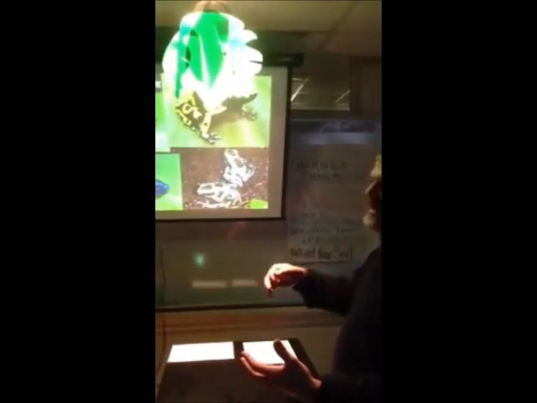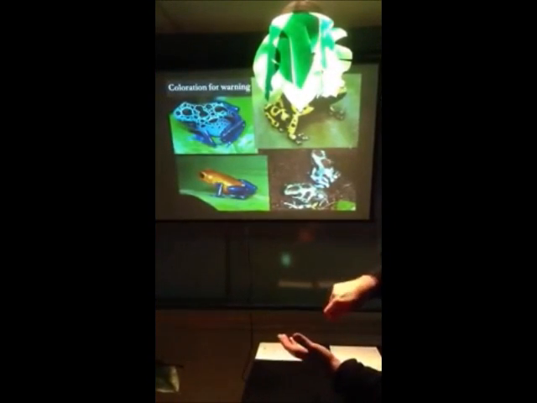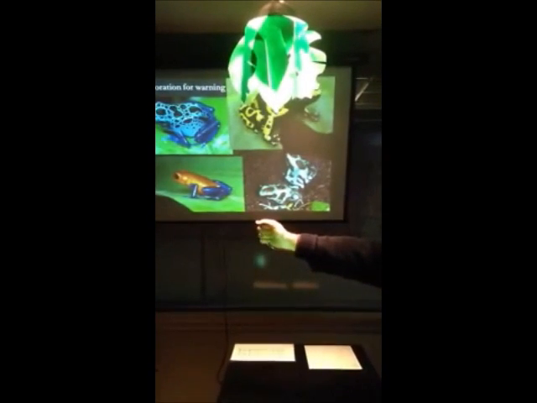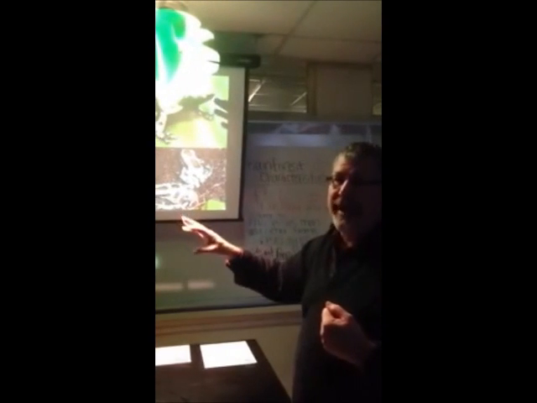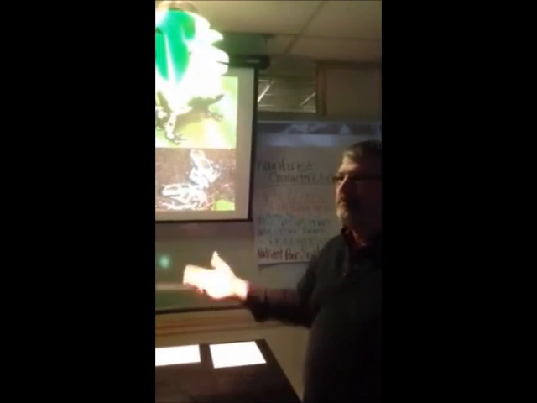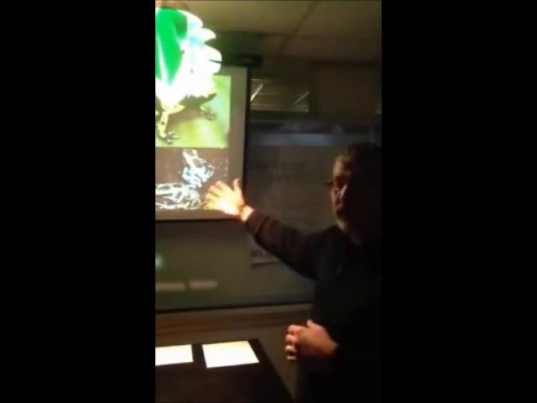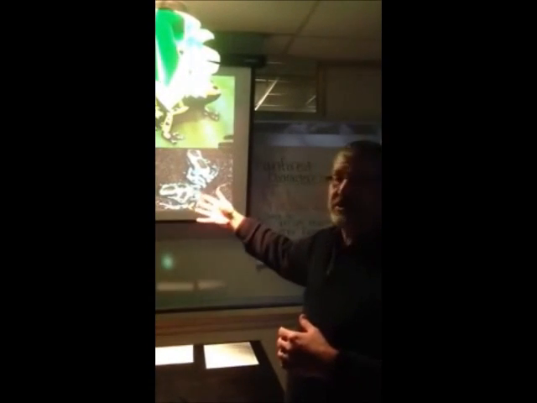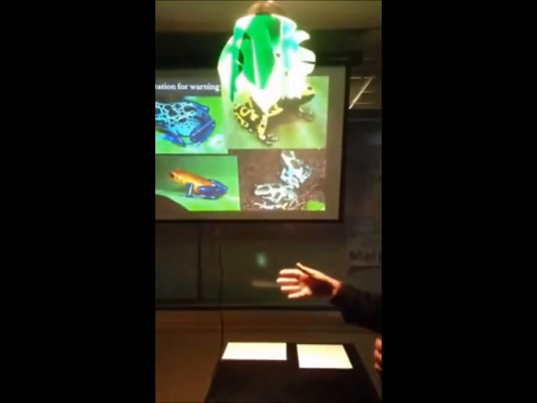Yes, and as a matter of fact, the native people in the rainforest used to take their darts and rub them on the skin of the poison dart frog, and then they would shoot their bows or their poison darts, and it would go into an animal and kill them. So this is the poison dart frogs. And you see how colorful they are, and that is a warning device so that predators don't want to eat a poison dart frog.